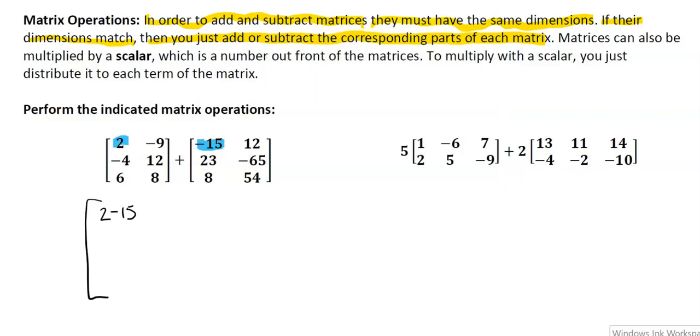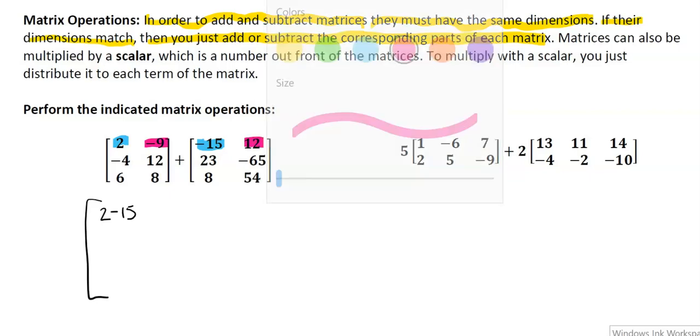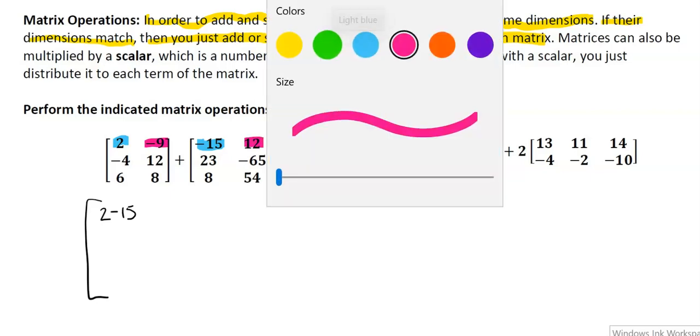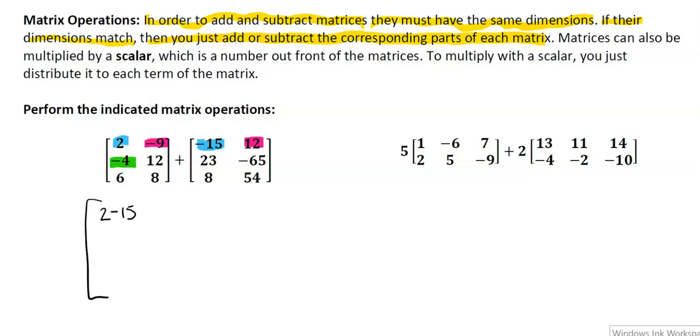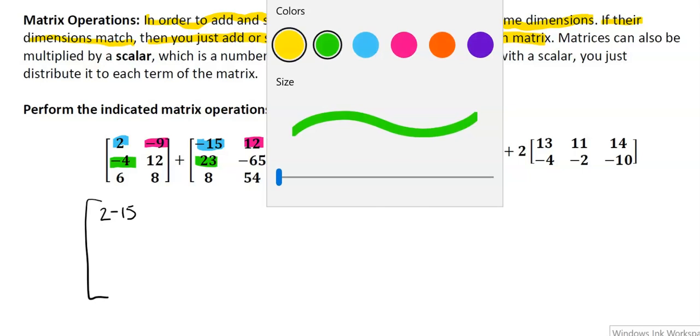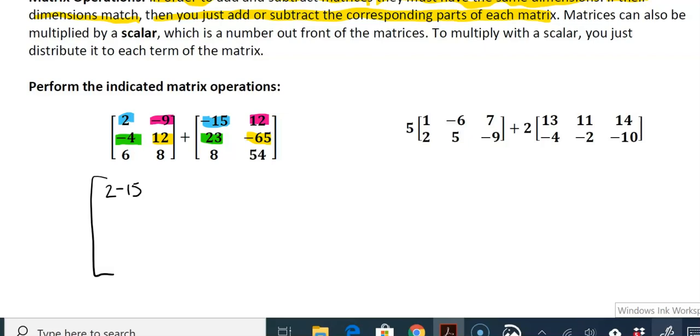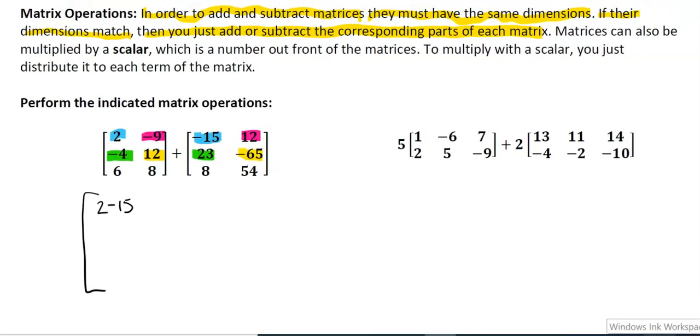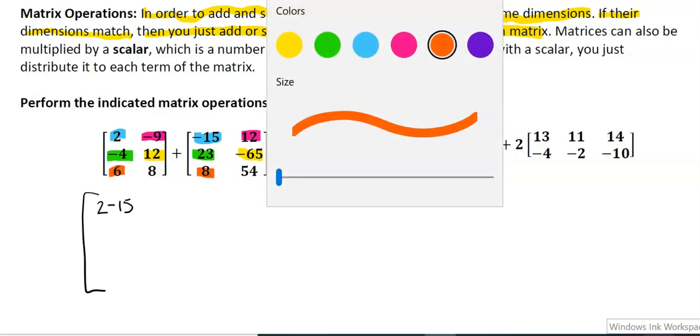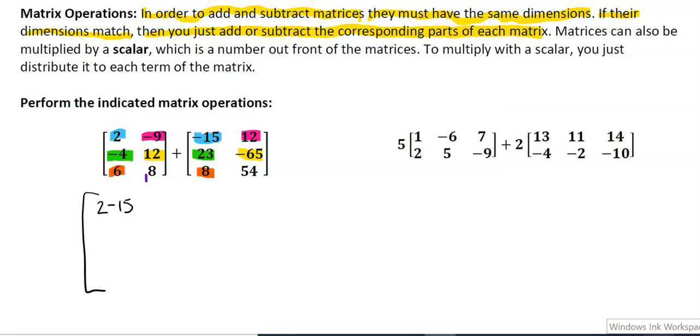And then we've got negative 9 corresponds to 12. And let's say green, negative 4 and 23. Those are in corresponding parts. 12 and negative 65. That's orange. 6 and 8. And 8 and 54.